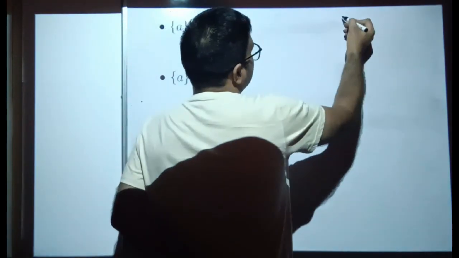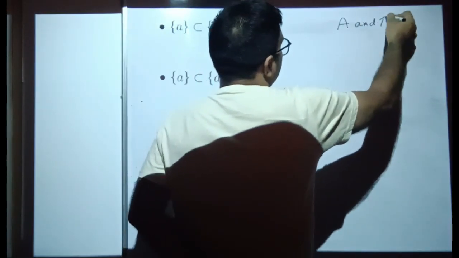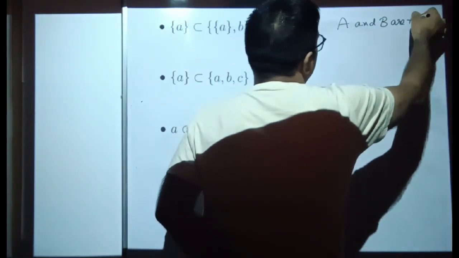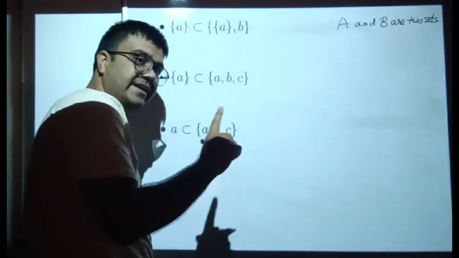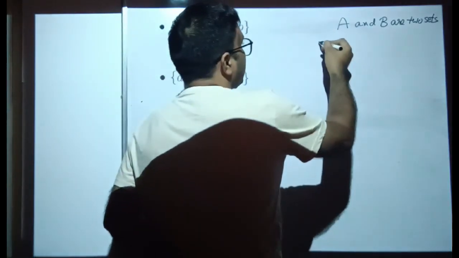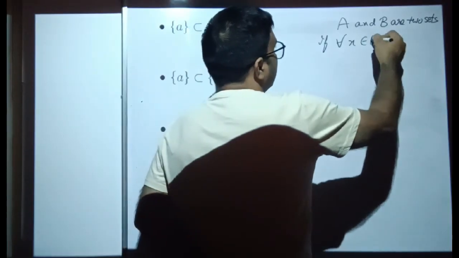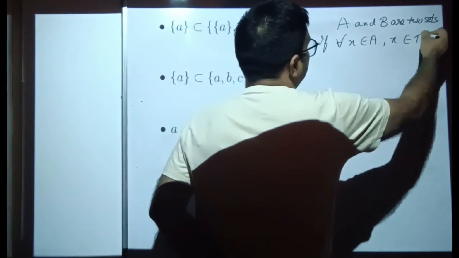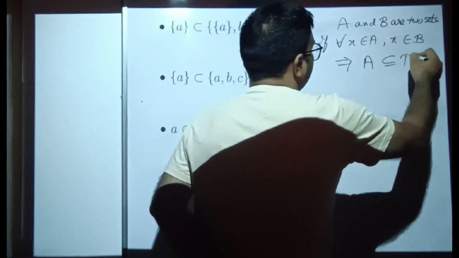When we start the definition of the subset, we are saying A and B are 2 sets. First thing is A and B are 2 sets. If for all x belonging to A, x belongs to B, then A is a subset of B.